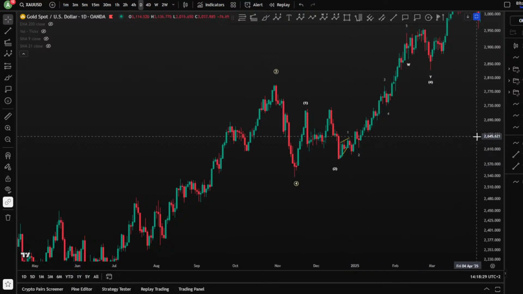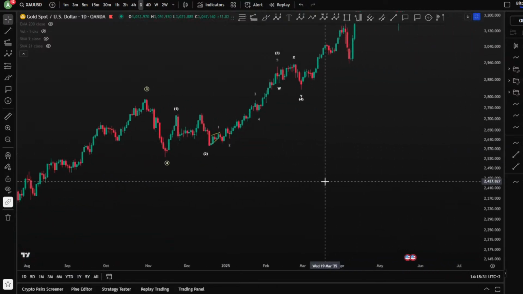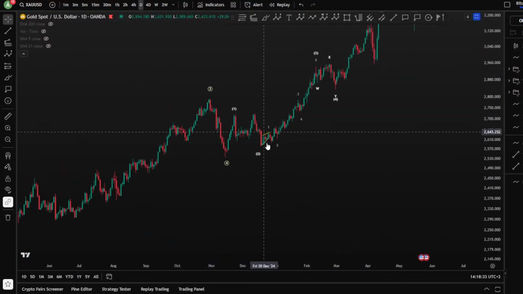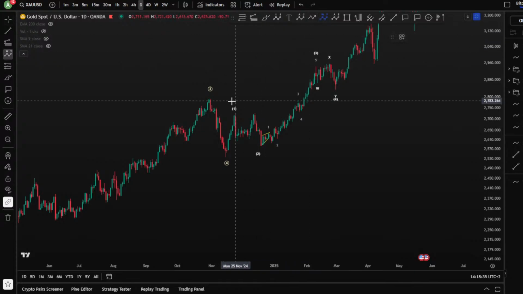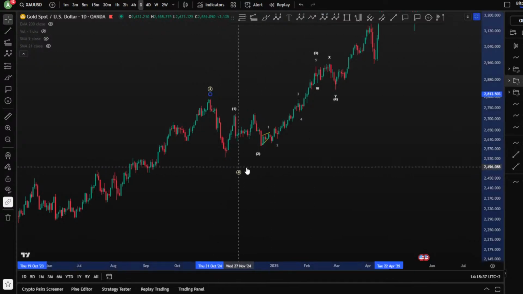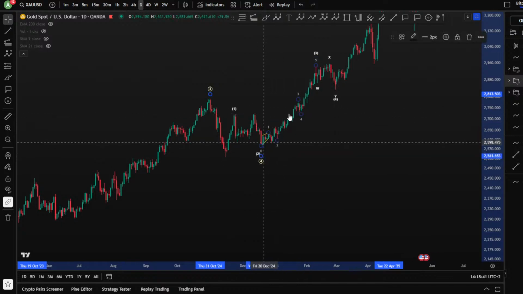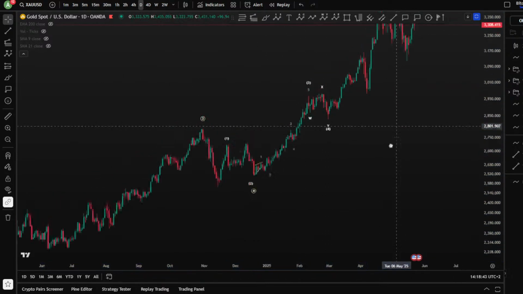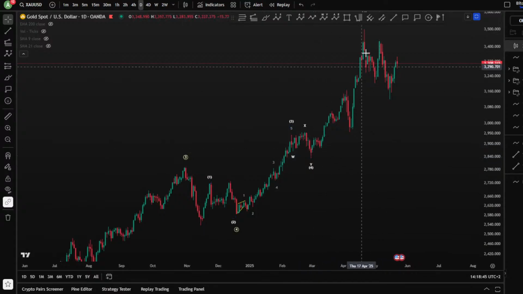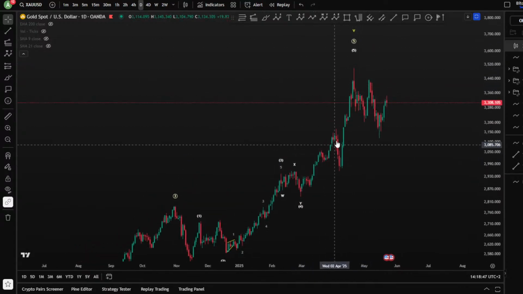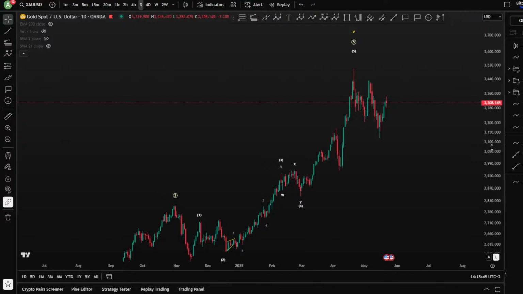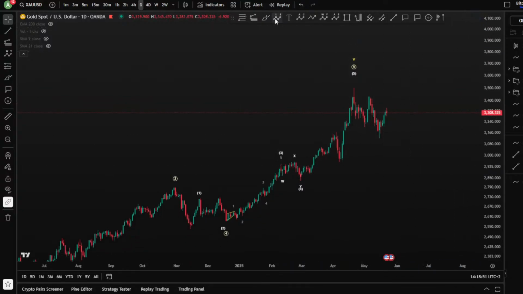But okay, even invalidated, what if it is W, X, and a Y then? That means what if the wave 4 finished here, and what if the wave 1 is here, 1, 2, and you're looking at a wave 3, right? Even wave 3 can be not finished yet in this scenario.